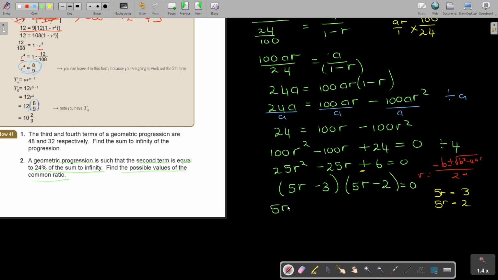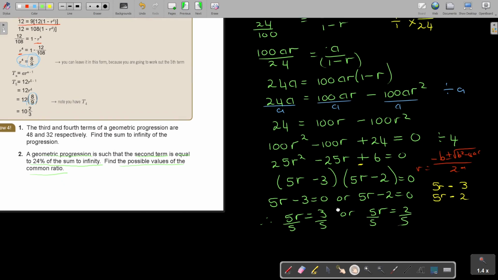So I have 5r minus 3 equals 0, or 5r minus 2 equals 0. So therefore, 5r equals 3, or 5r equals 2. So I divide by 5, divide by 5.